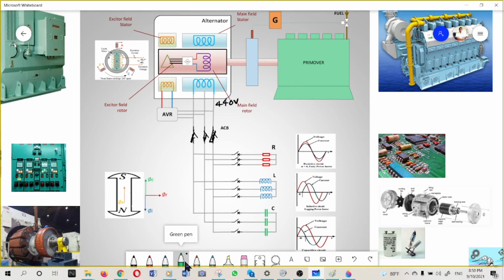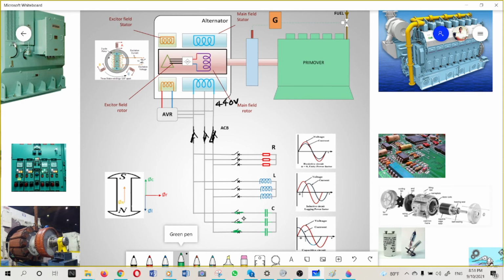Finally, we are going to discuss connecting capacitive loads to the bus bar. In reality, on normal low voltage ships we will not come across a large number of capacitive loads, only the fluorescent lamp starter or something similar. But as a principle, we'll discuss the effect of the capacitive load.